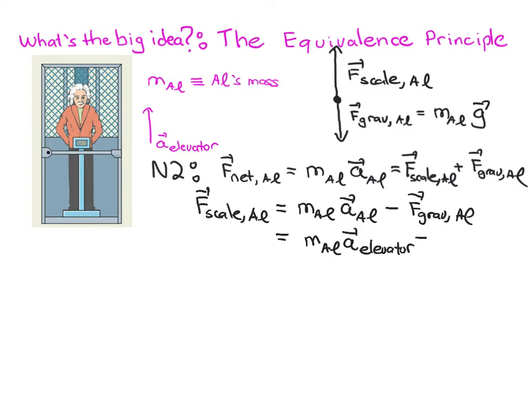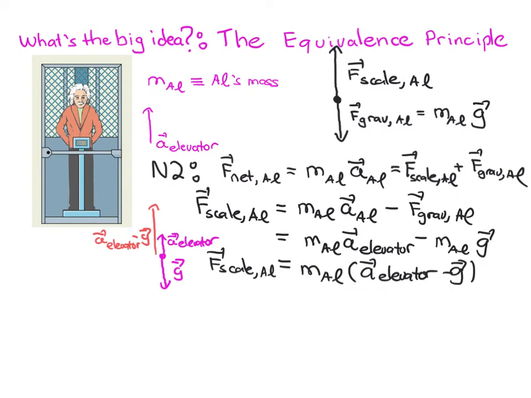And the force of gravity on Al, we can just write as Al's mass times g. And I can just combine the terms and say that the force of the scale on Al is equal to Al's mass times the acceleration of the elevator minus g.